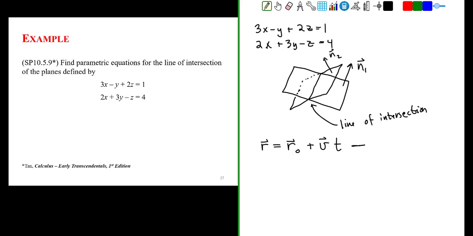This is our equation of a line in three-dimensional space, where v is a vector that is parallel to the line. Let's go ahead and give this vector components a, b, and c for the x, y, and z components of the vector respectively.